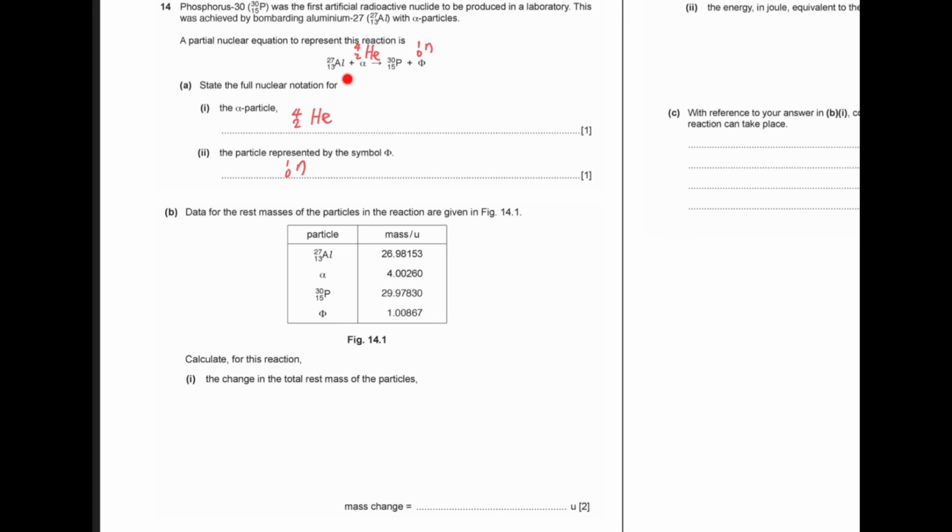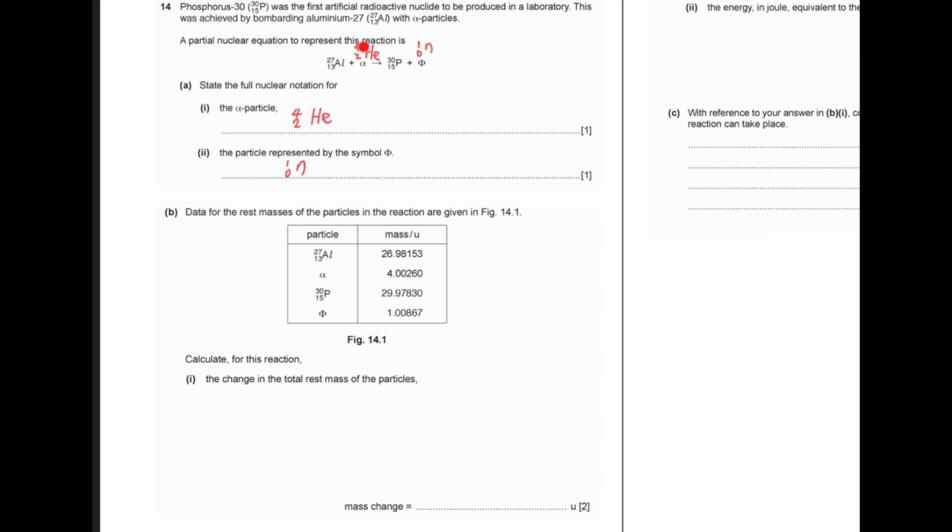So basically what we need to do is find the total mass of the reactants, then find the total mass of the products, and then take the heavier one minus the lighter one.